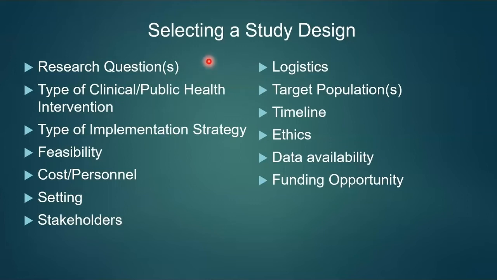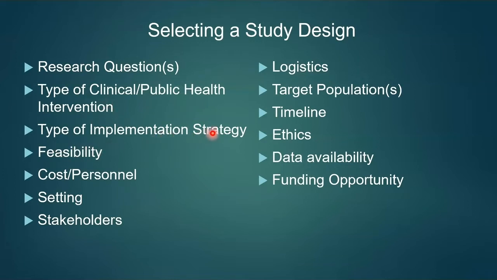When selecting a study design, and we will get shortly to some of the design options available in implementation science that take these various points into consideration, we need to consider the research question, the type of clinical or public health intervention, which of course relates to what are the different levels at which the public health intervention operates.